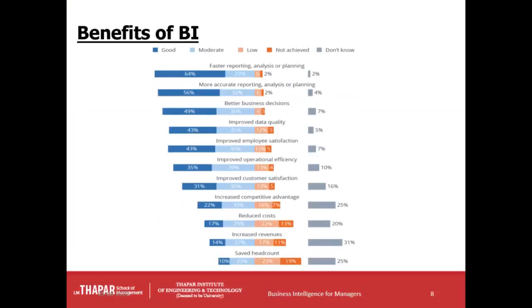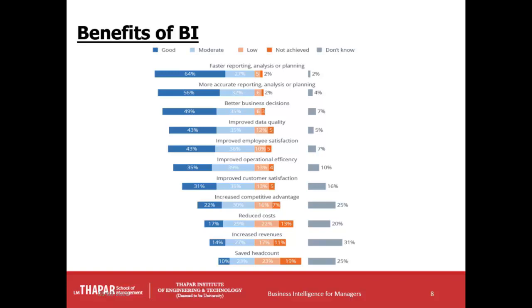Then talking about some of the benefits of BI. The benefits of BI include faster reporting, analysis and planning. It also includes more accurate reporting, analysis and planning, better business decisions, improved data quality, improved employee satisfaction, improved operational efficiency, improved customer satisfaction, increased competitive advantage, reduced costs, increased revenues, and saved headcounts.